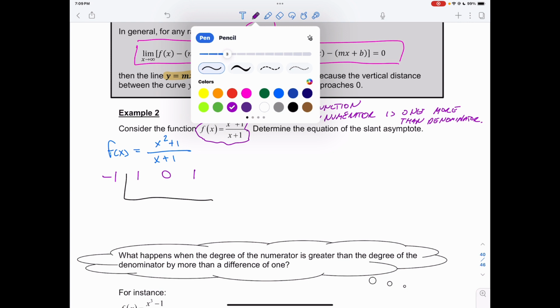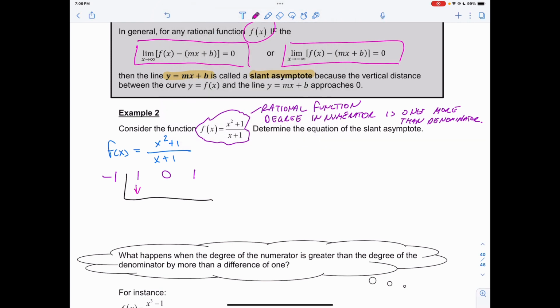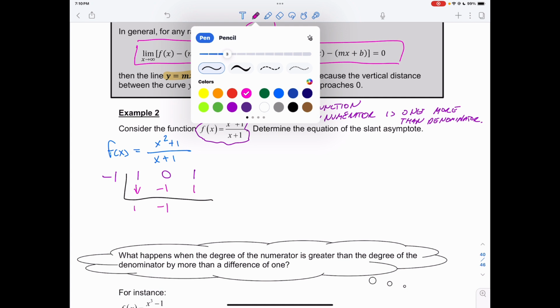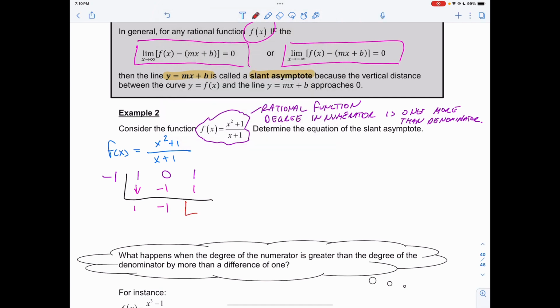We're going to carry down the first term, and that's going to give me 1. Multiplied by negative 1 is negative 1. When I add 0 and negative 1, I get negative 1. When I multiply that by negative 1, I get positive 1. And when I combine those, I get a remainder of 2.